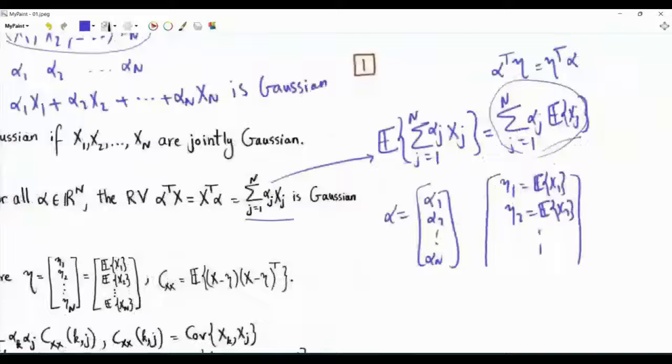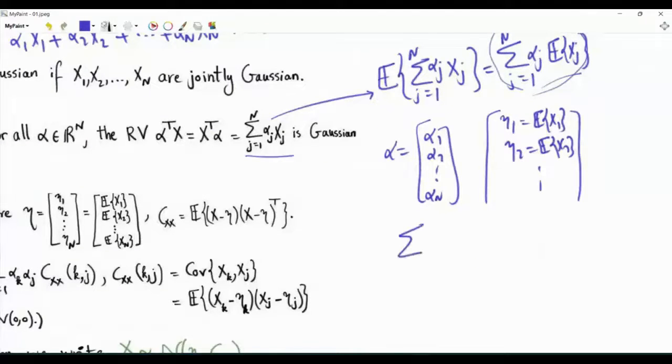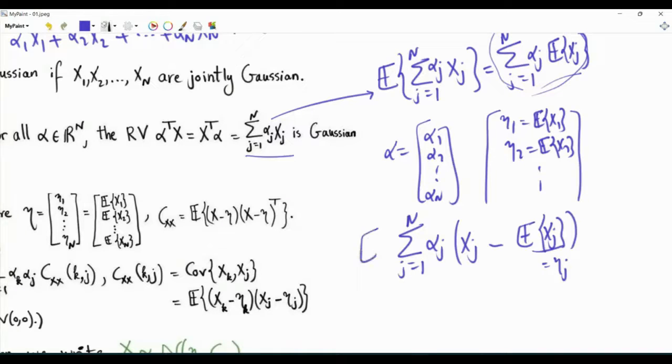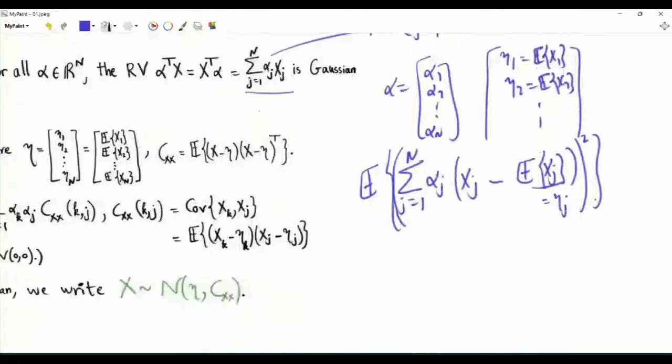For the variance, let's subtract from each xj its first moment, which is eta j. Now, the second moment of this quantity is the variance of this weighted sum of the x's.